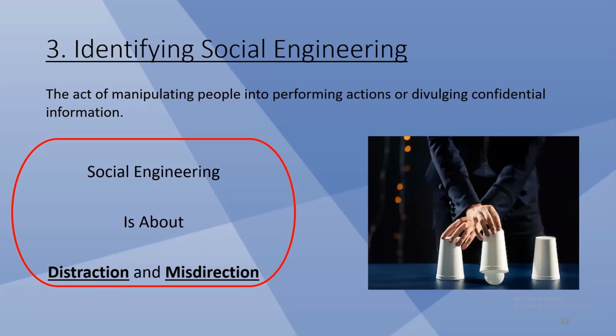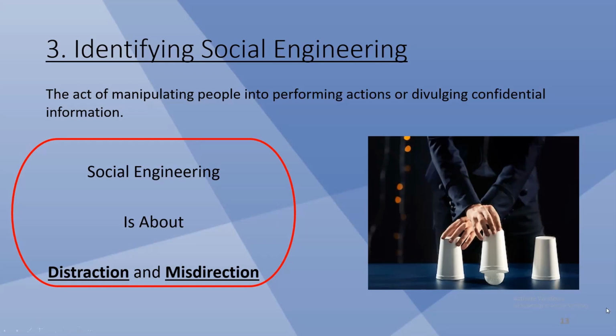So, typical example, the cup. The ball starts off in the middle. You blink your eye once, they tell you look away, they tell you something, and then all of a sudden the ball is on top of your head. That is an idea of how social engineering is trying to do. It's trying to mislead you and distract you from seeing the bigger picture until it's too late.